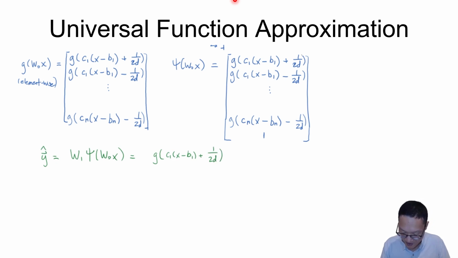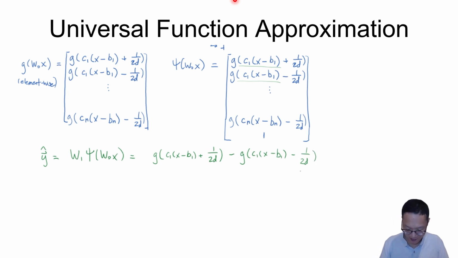And then, so that's the 1 multiplying this part. And then we take minus 1 multiplying this part. So minus G of C1 times x minus B1 minus 1 over 2D.